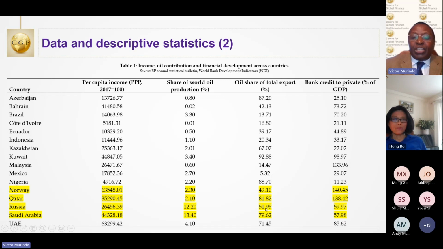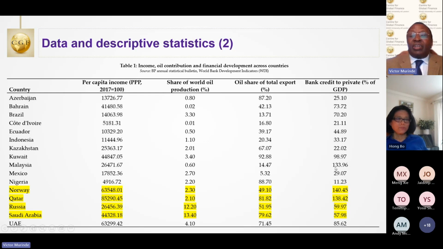Say Russia, which has the highest at 12.2, 13.4. The bank credit to private sector is 59.9. And for Saudi Arabia, 57.9.